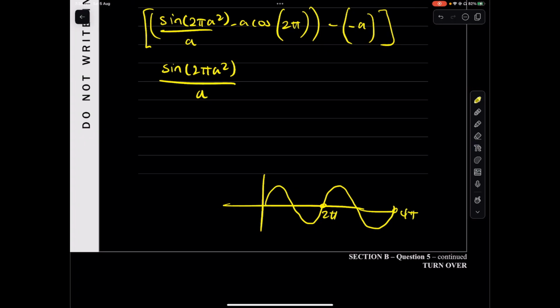So the sine of 2 pi a squared is always equal to 0 for all a values.